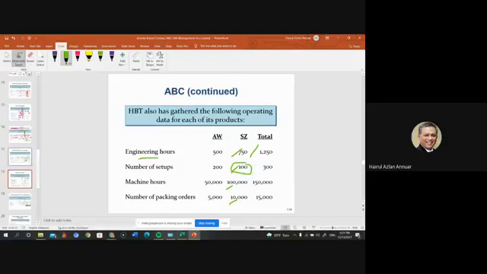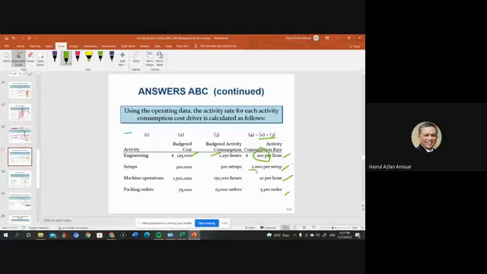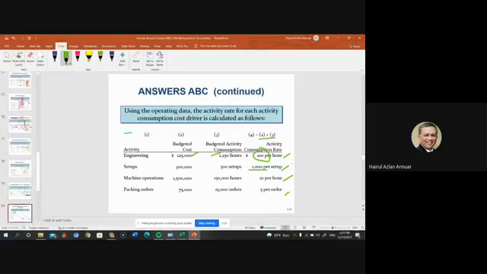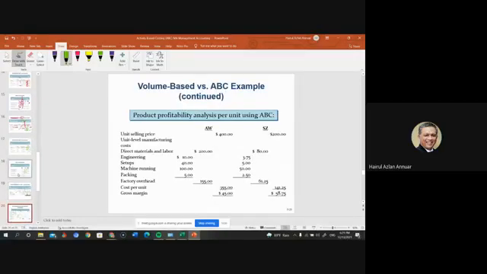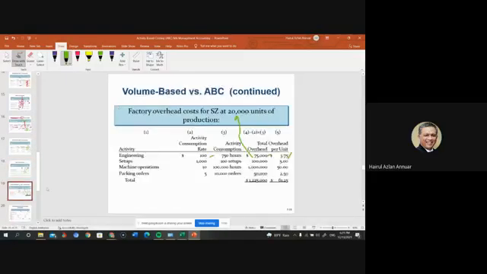What was the rate? 1,000 ringgit or dollars per setup. So how much SZ gets? $1,000 times 100. So $100,000 of setup goes to Secure Zone. Divide 20,000, $5 per unit.